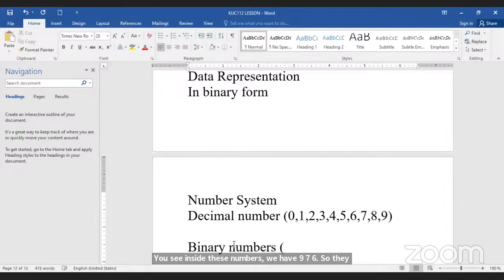Binary numbers are 0 and 1. That's what a computer understands.